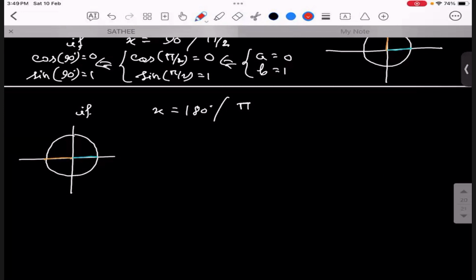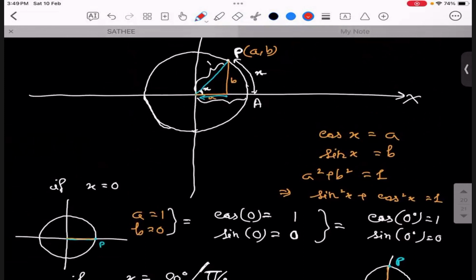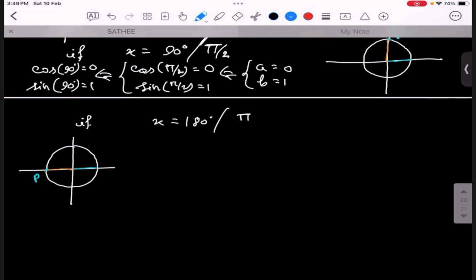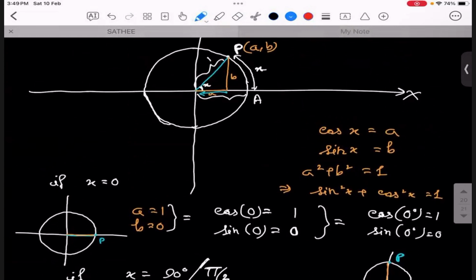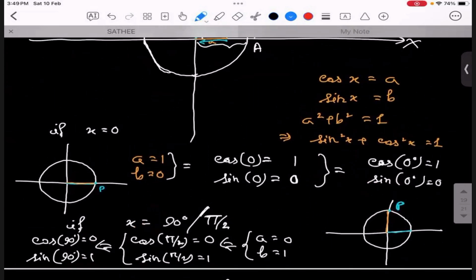Here is our point P. Now what about this A and B? Let us draw this again.